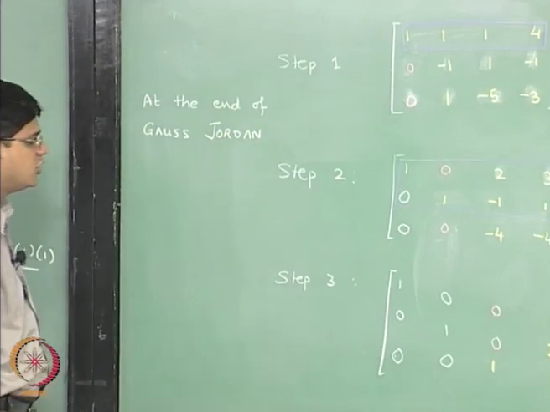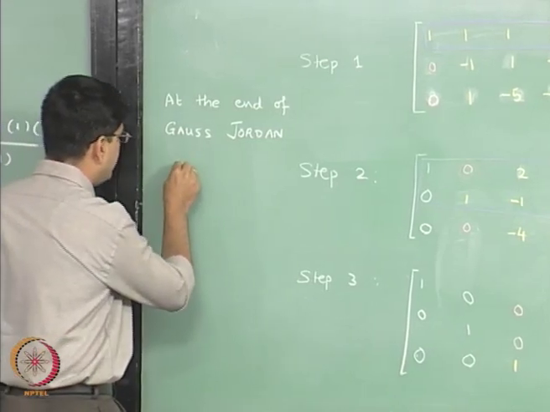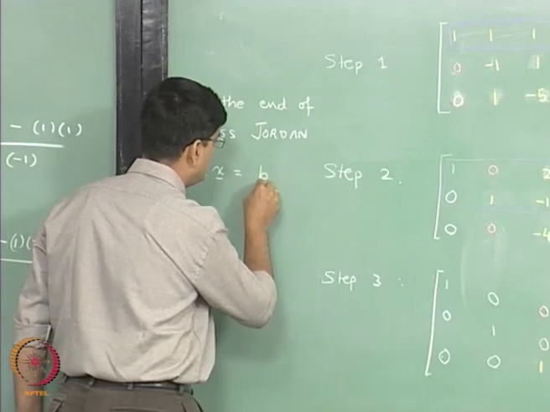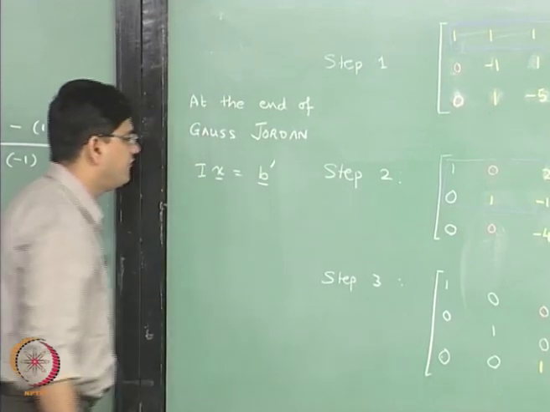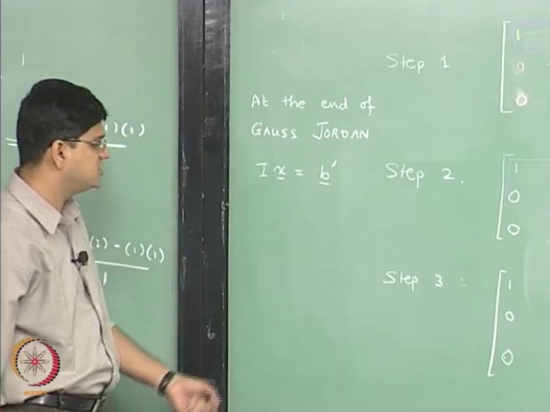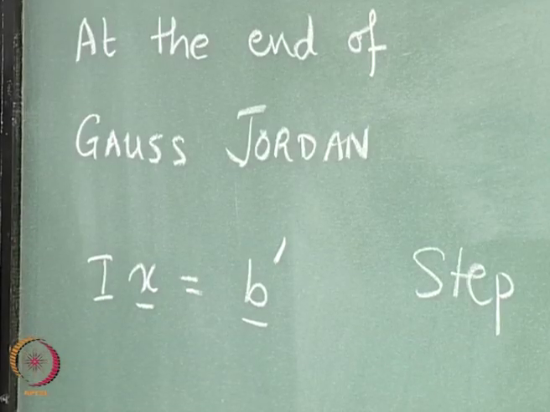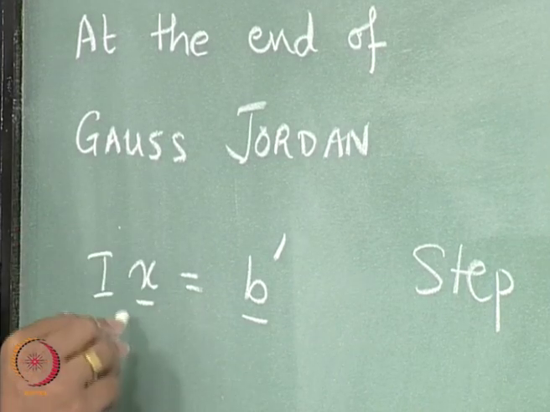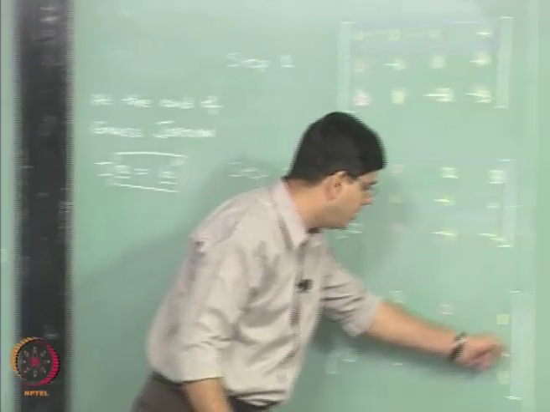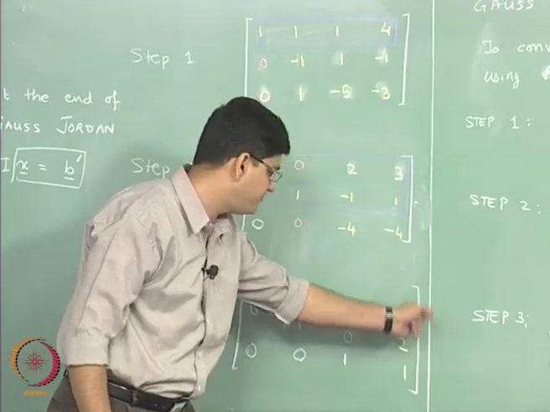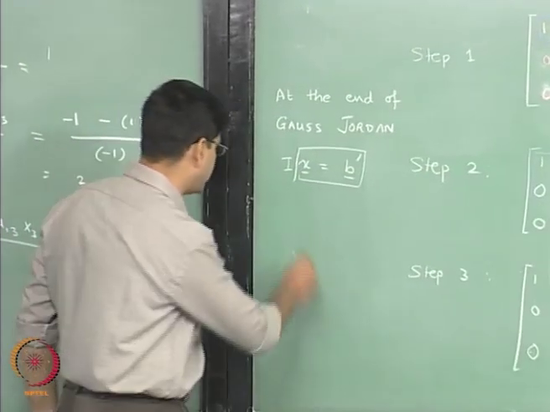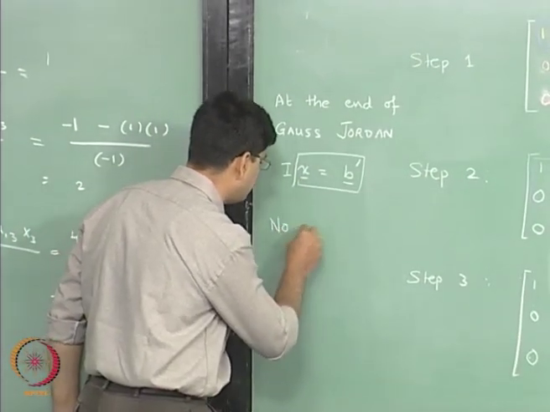At the end of the Gauss Jordan method, we have basically identity multiplied by x bar equal to b dash bar, where b dash is the b that has been transformed through the row operations that were performed on the matrix A as well. Which means that what we get in place of the vector b is the solution that we are seeking. So no back substitution is required.